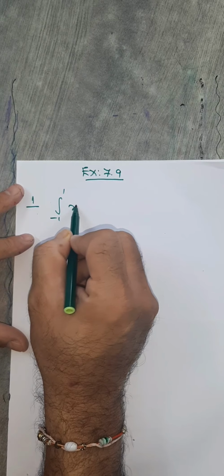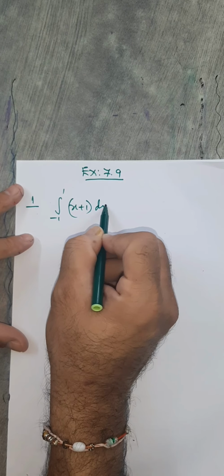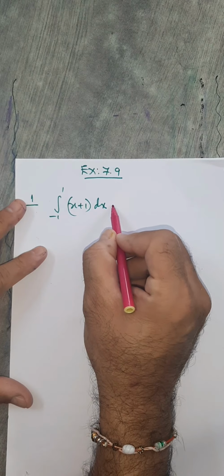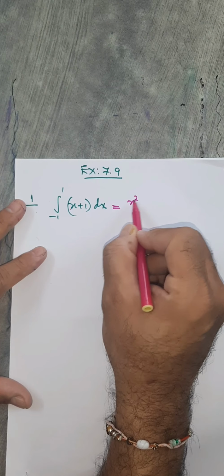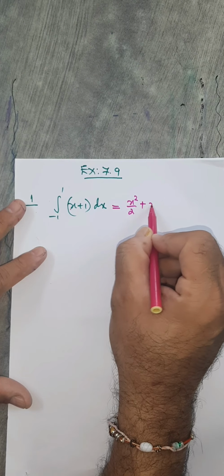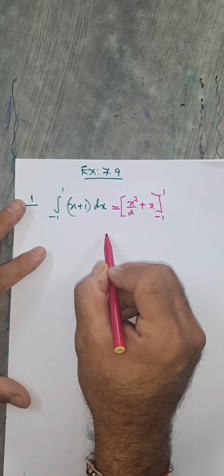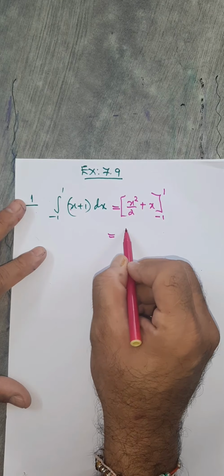Integral minus 1 to 1 of x plus 1 dx. So what we do? We integrate it. We write upper limit minus lower limit. Finished. You just need to recall indefinite integral. What's the integral of this? x square by 2. What is the integral of 1? x. And limits are from where to where? Minus 1 to 1. Now instead of x you put 1.